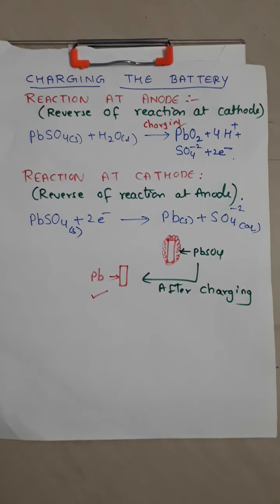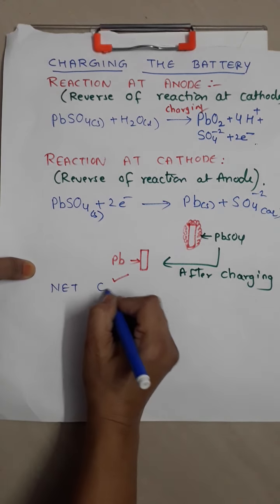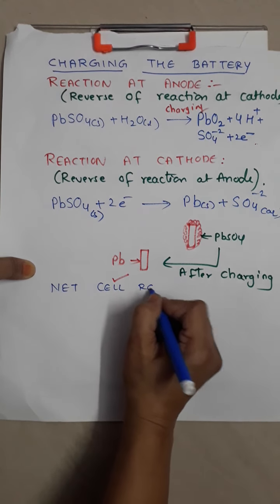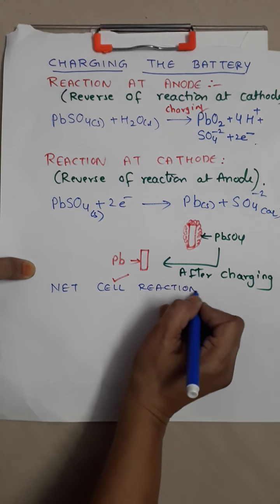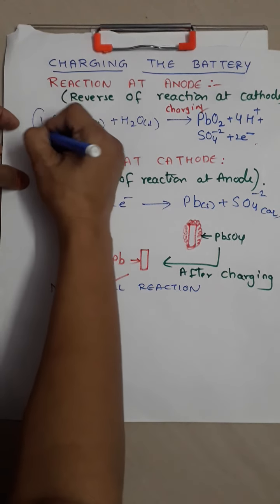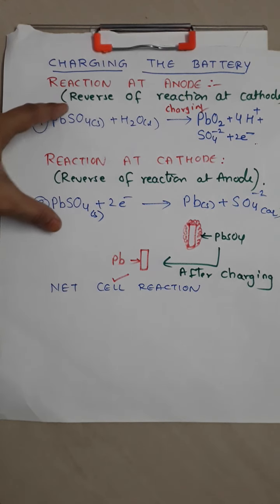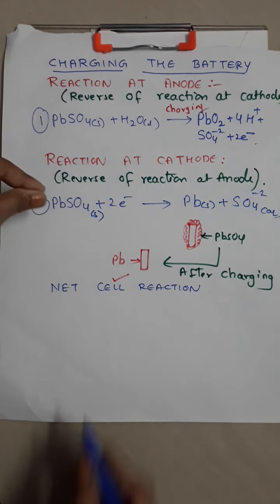So now finally we are going to write the net cell reaction while charging the battery. We are going to add this as well as this. So when we add these two reactions, just see what will happen.